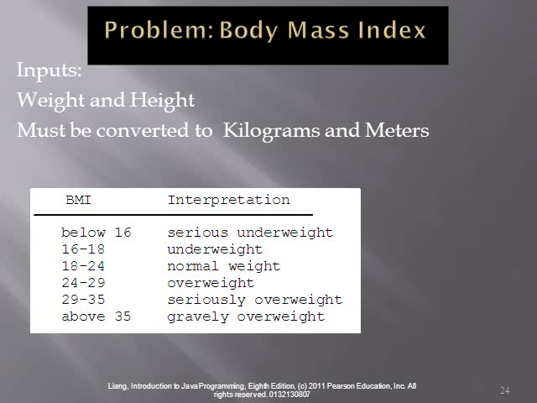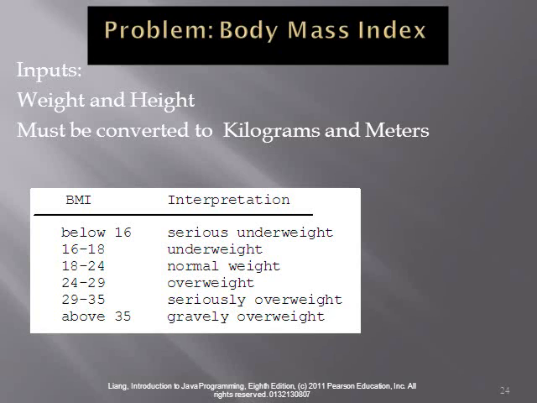Well, the next program of interest is the Body Mass Index program. Body Mass Index is computed from a person's weight and height. It must be converted to kilograms and meters, and it's an indication of your overall health. The program is on pages 84 and 85, and the program is really a good example of the use of if and else if. Pay attention to lines 15 and 16, and where the program declares constants to be used in the program.